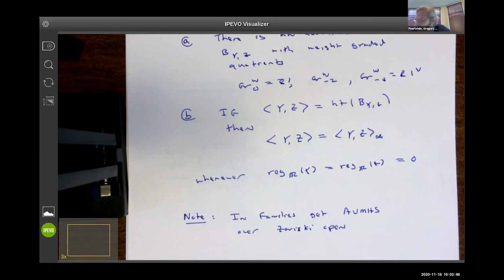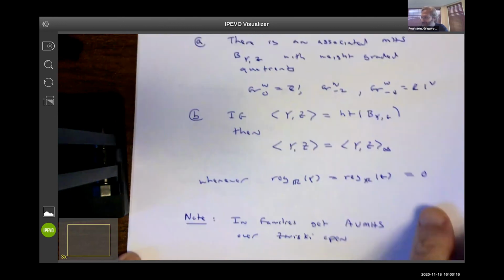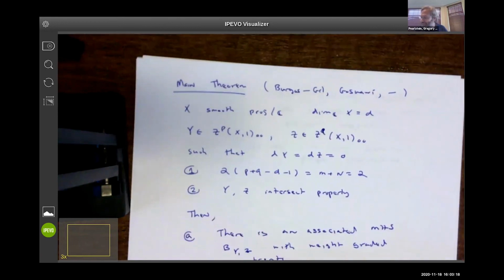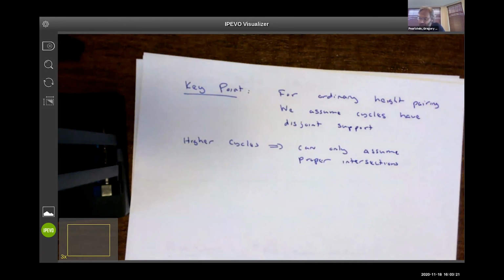I'm definitely not going to have time to say anything about that, except for the fact that, in a sense, all of these constructions are of geometric origin once you write out all of the details, which I'm not going to do in this talk, but these things do give rise to admissible variations over some Zariski open set. Okay, questions?